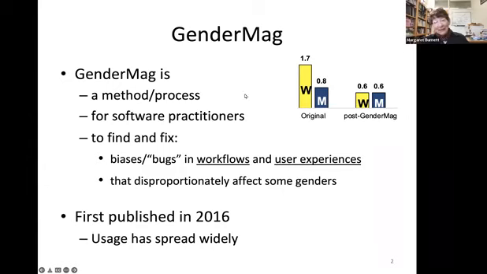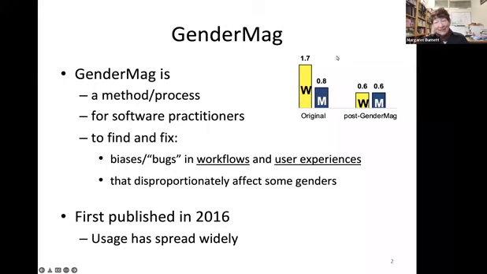This little graphic here is an example of one of our collaborators who did GenderMag on their product. And as you can see, in the original version of their product, women ran into inclusivity bugs more than twice as often as men did.